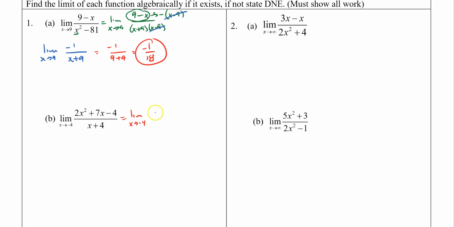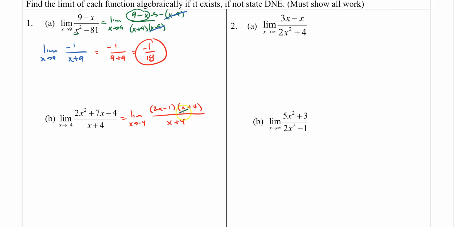The numerator is going to factor to be 2x minus 1 and x plus 4. And I know it's going to be that because 2x times x is 2x squared, 2x times 4 is 8x, minus 1x, it's going to be 7x, and then minus 4. All over x plus 4.